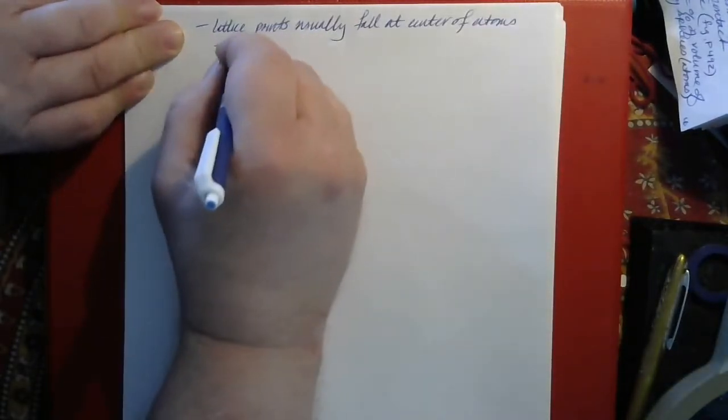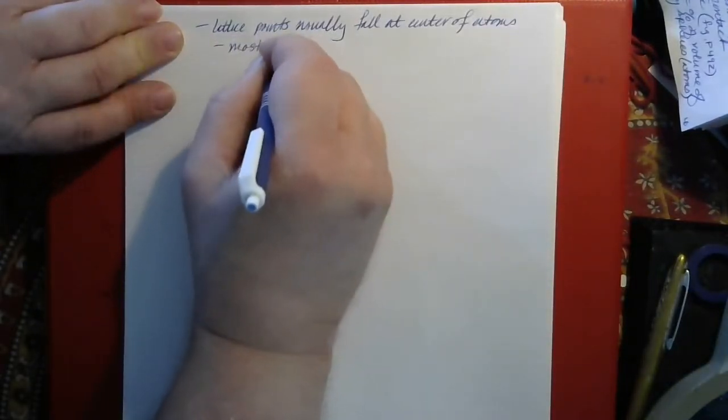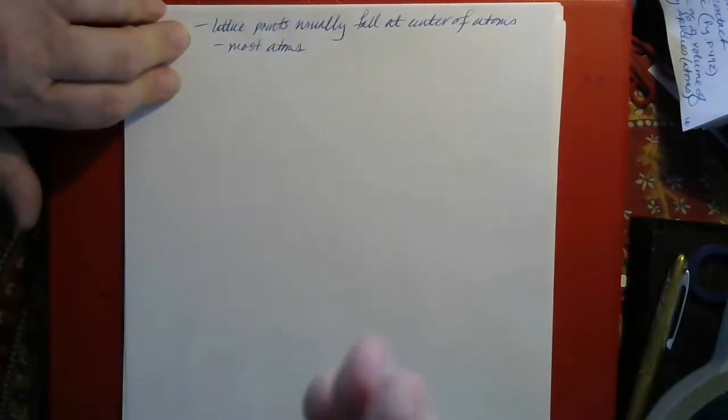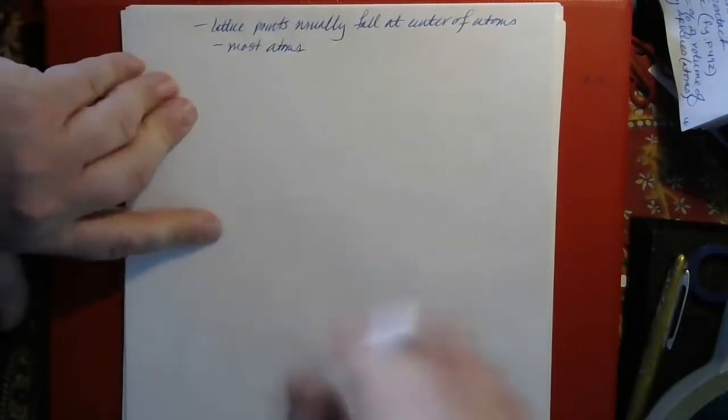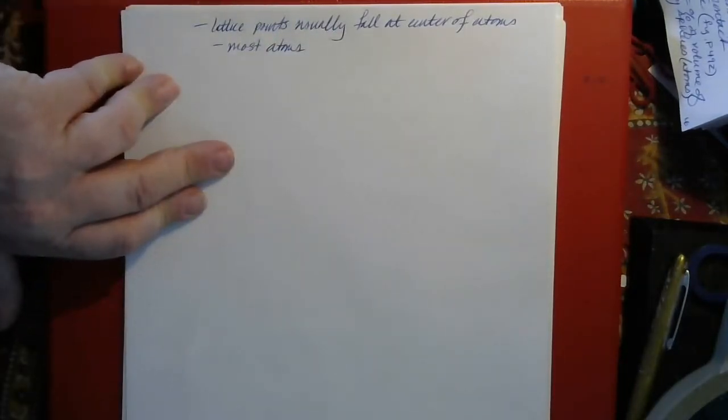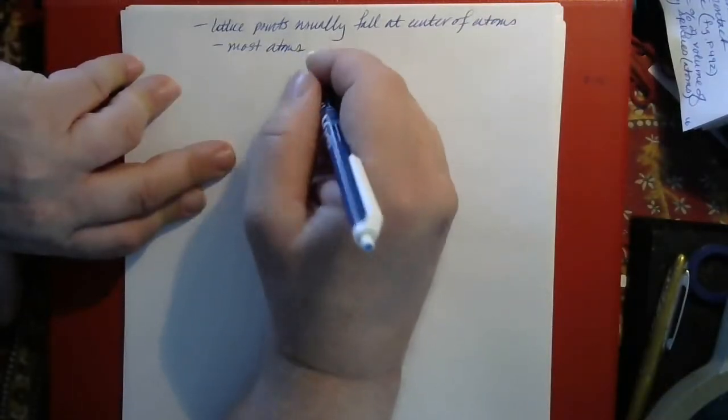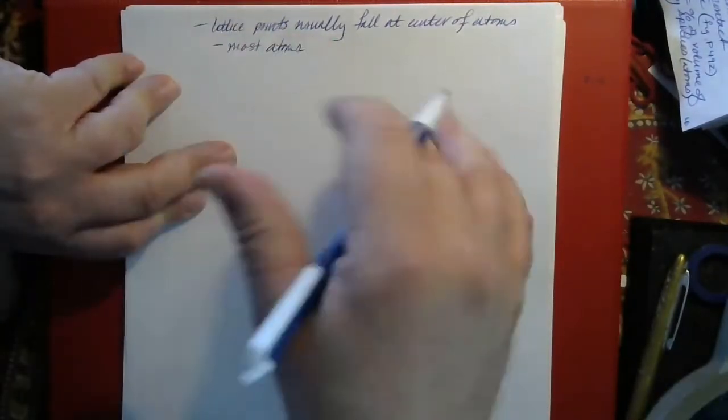And that's because most atoms or ions or molecules, whatever is present at the lattice points, most of the time, each of those will be divided up among more than one unit cell.